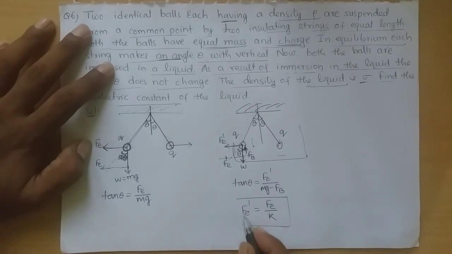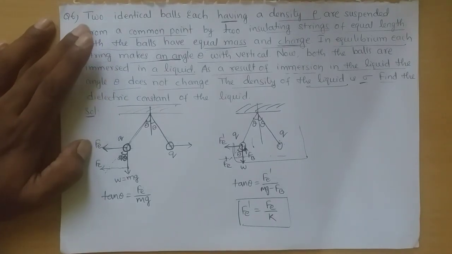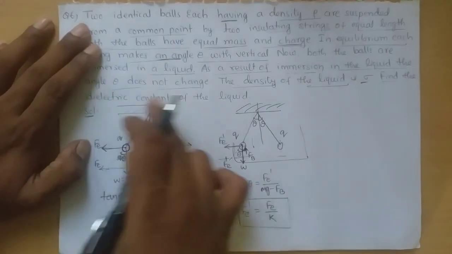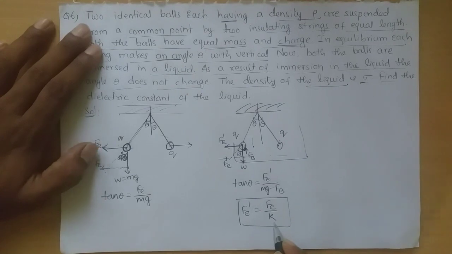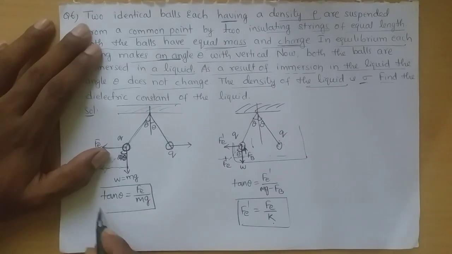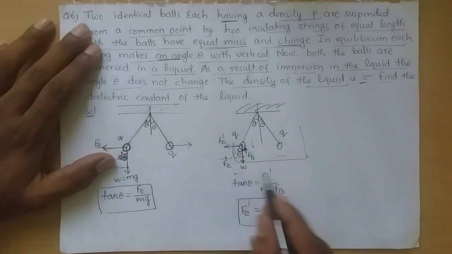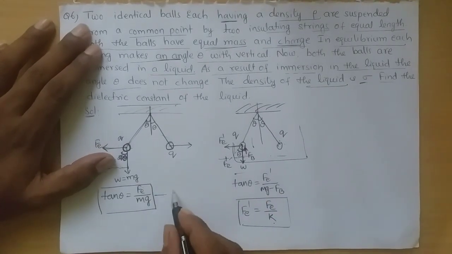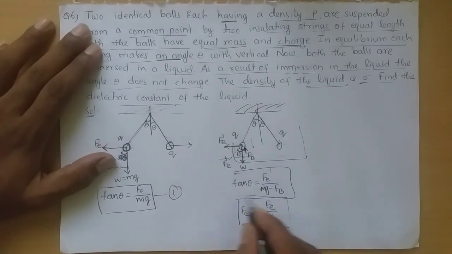We already discussed that K is the dielectric constant. They are asking us to find the dielectric constant of the liquid. This K only we have to find. So from here, tan theta equals Fe by mg, and in the liquid tan theta equals Fe dash by mg minus Fb. This is the first equation, and this is the second equation.